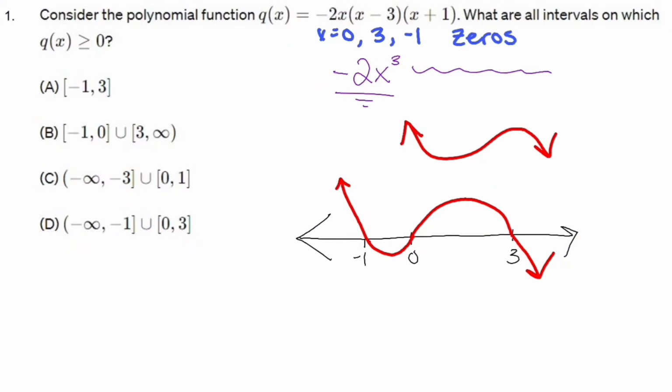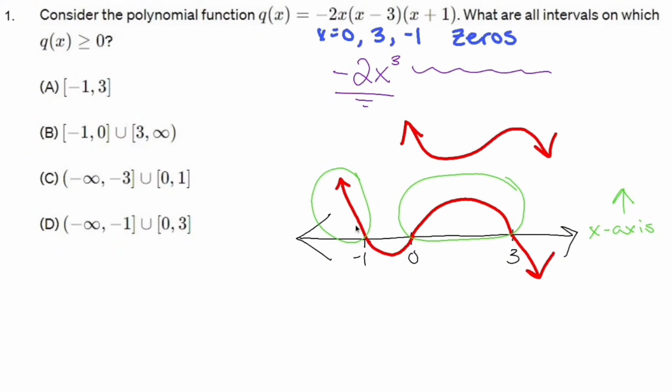Okay. Why does this matter, you ask? Well, I care about when this is positive. This is my x-axis. Everything above the x-axis is positive. So it's positive here, and it's positive here. I also care about when it's equal to 0.